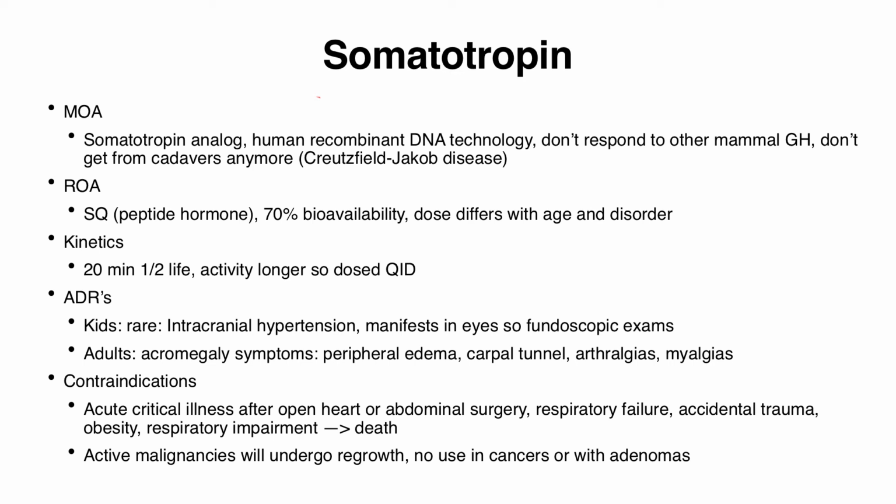So there was a pretty widespread outbreak of this disorder, which leads to really rapid onset dementia and motor issues and amazingly marked brain changes that's ultimately fatal. So now we use DNA recombinant technology to make our own human growth hormone.